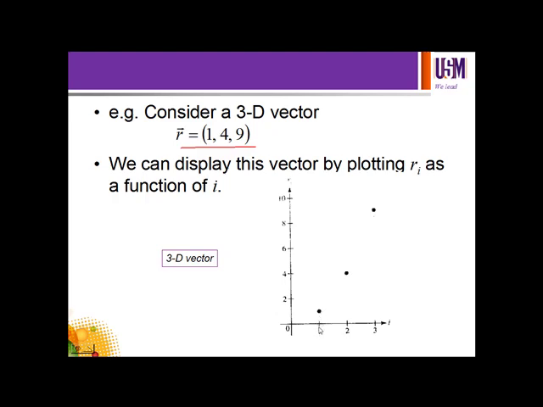At i equal to 1, the value is 1. When i equals 2, the value of r is 4. If i is 3, the value is 9. So we can plot a 3-dimensional vector in a 2-dimensional graph, ri against i.